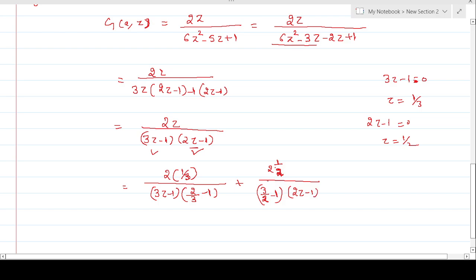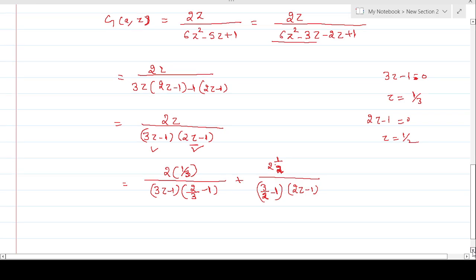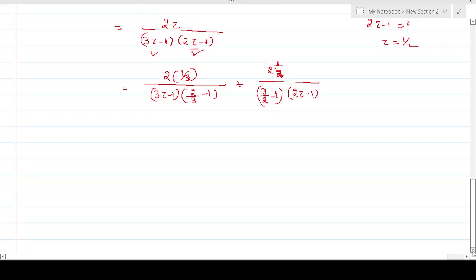So after solving numerator and denominator properly, I get here 2 by 3, and here 3z minus 1, and here it is minus 1 by 3 plus 2 by 2, and here I get 1 by 2 into 2z minus 1.